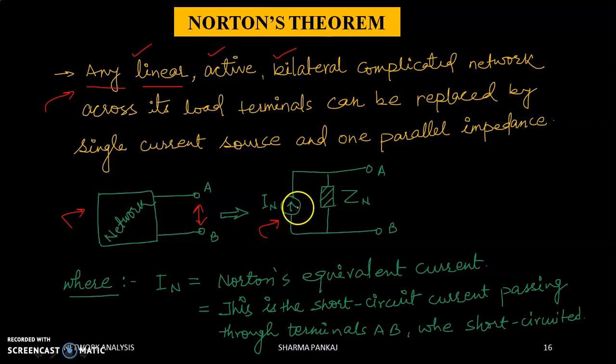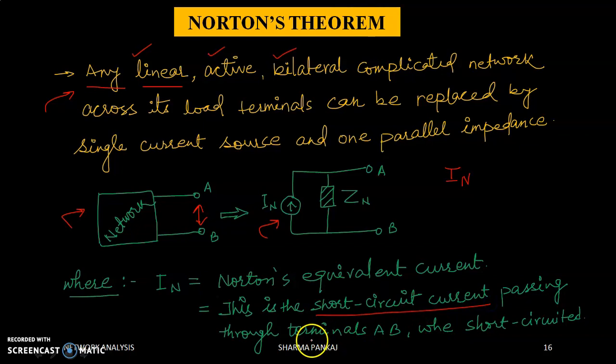This Zn is in parallel with this single current source. Now, see this. IN is the Norton's equivalent current, and this is the short circuit current. Please mark it.